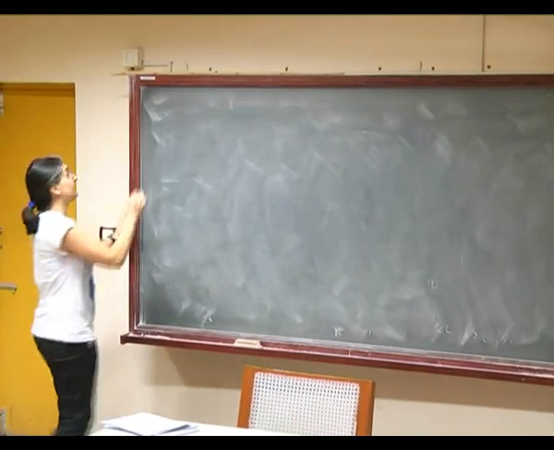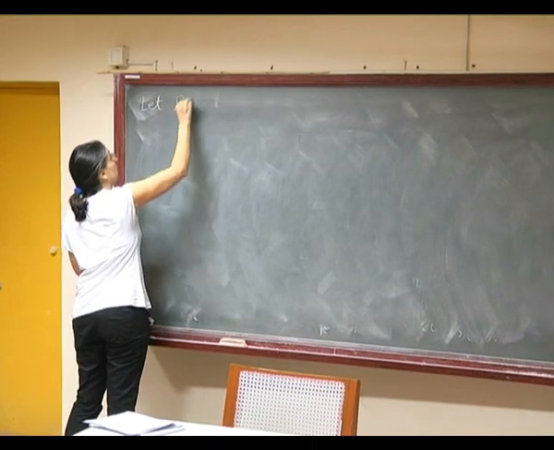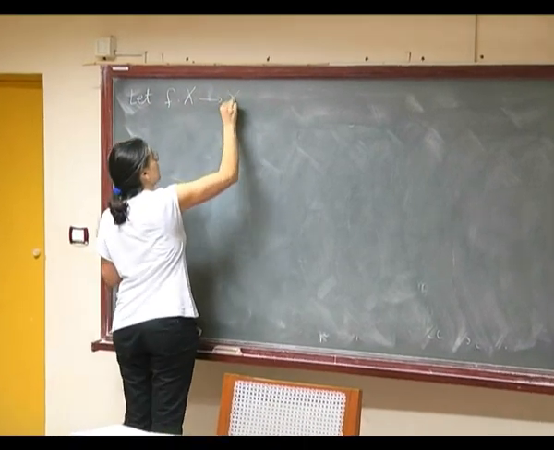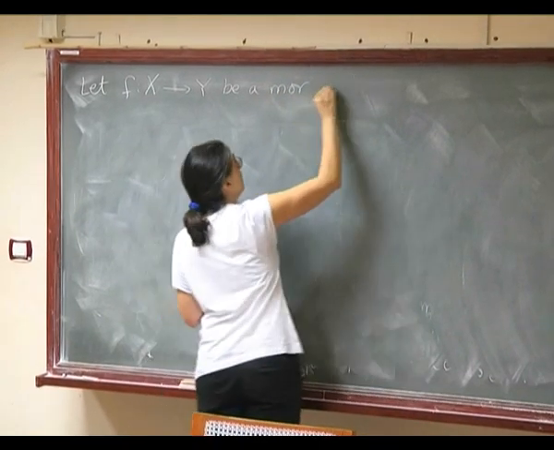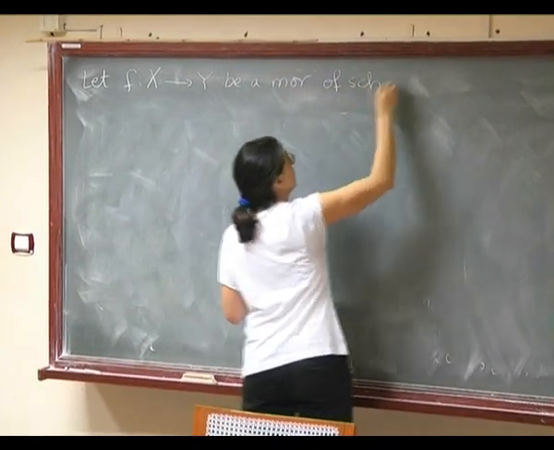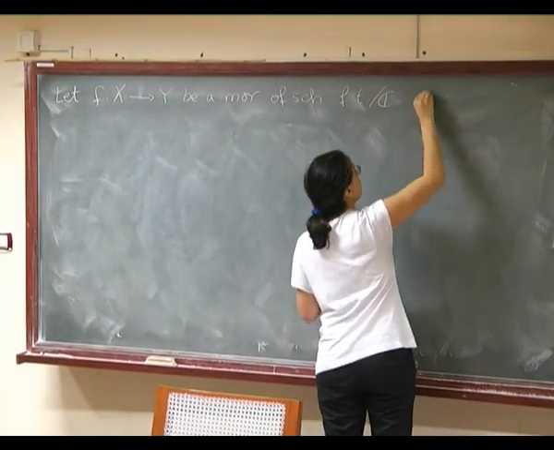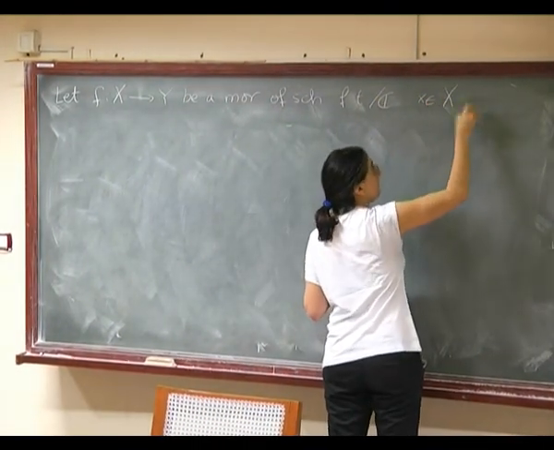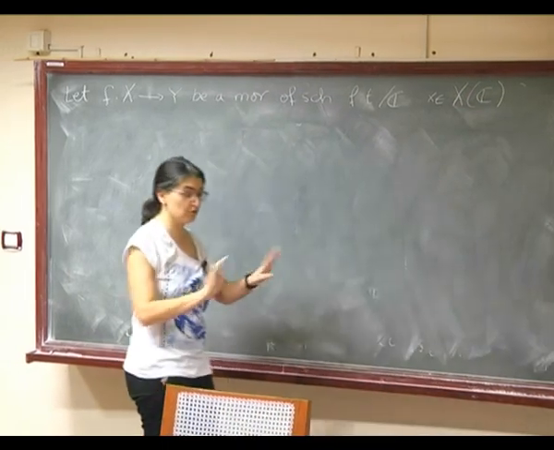So if you let f from X to Y be a morphism of schemes of finite type over the complex numbers, and x be a point, and I always mean a complex valued point, so a closed point.